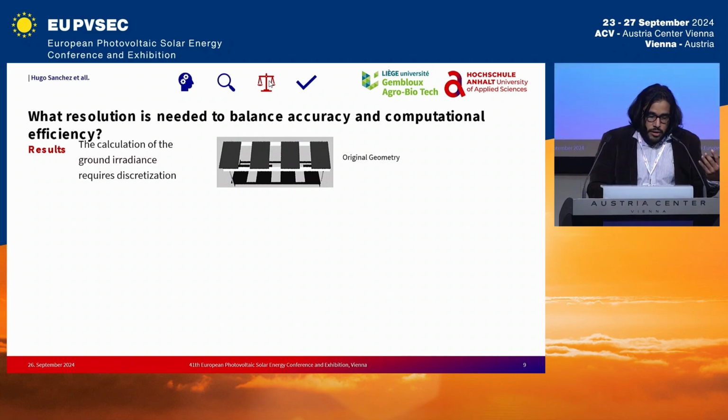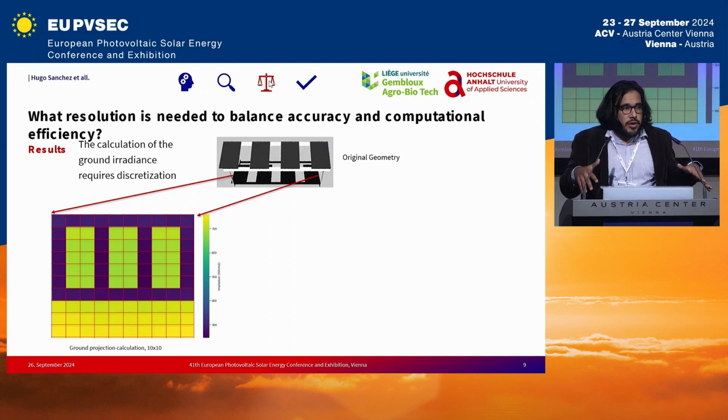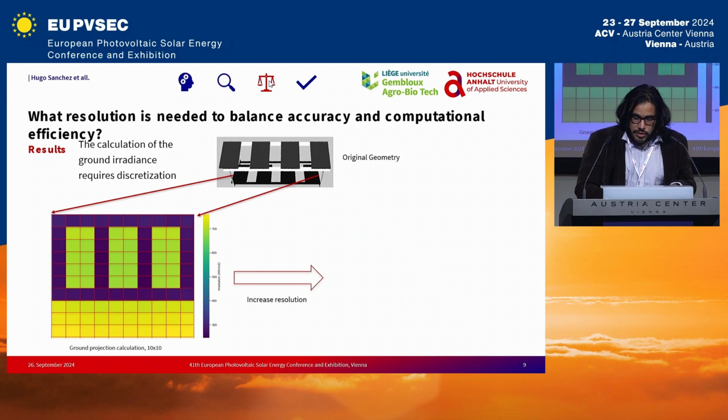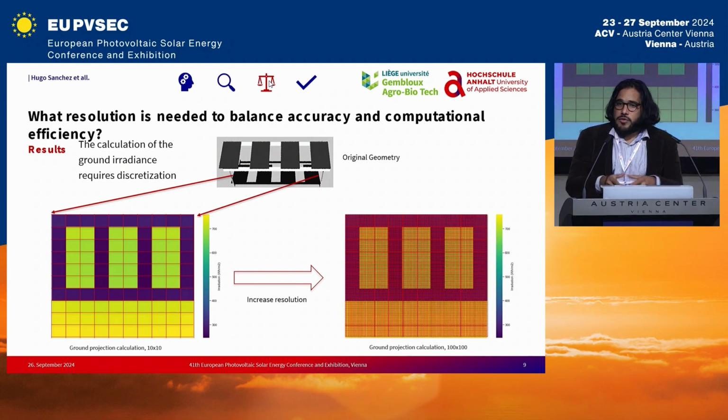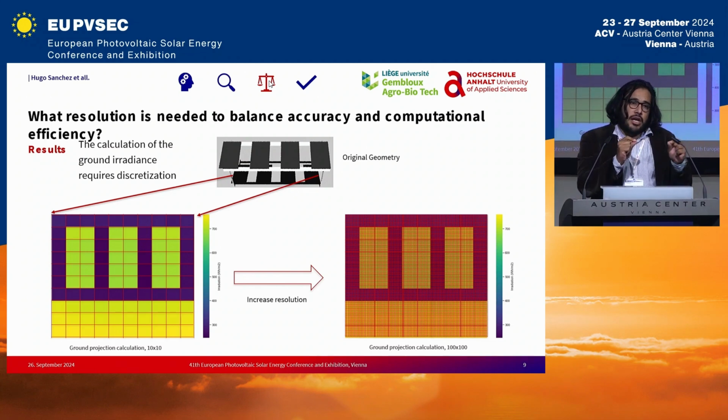Basically, we get a map of irradiance on the ground, and then we start increasing the discretization matrix that we have. We run from 5 sensors up to almost 500 sensors, just to make the calculation and to see the performance and maybe the misbehavior of these traps.